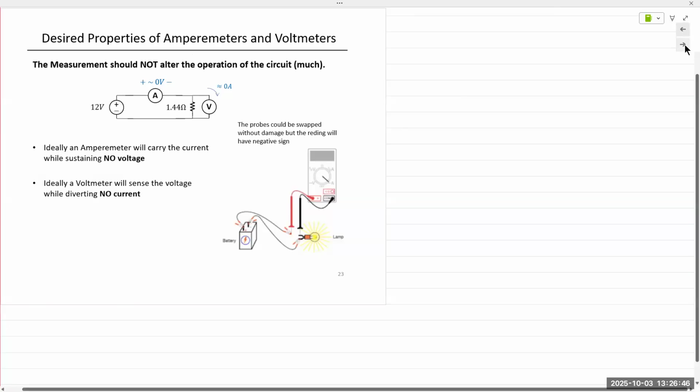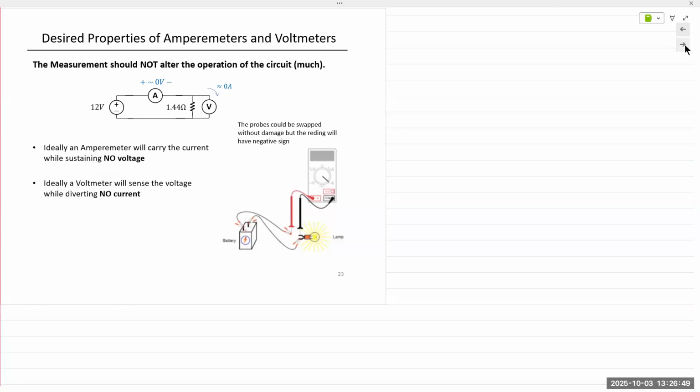Ammeters and voltmeters. The slides note it as ampere meters, because you're measuring amperes, but everybody uses the short form for this one, which is ammeter. That's it. This ampere meter just means ammeter, or ammeter just means ampere meter.